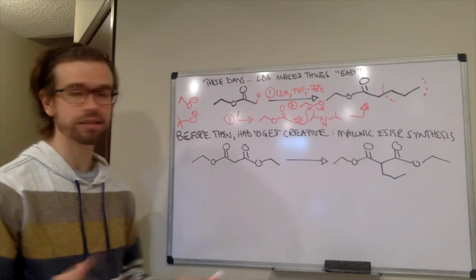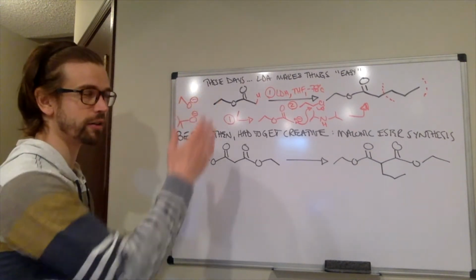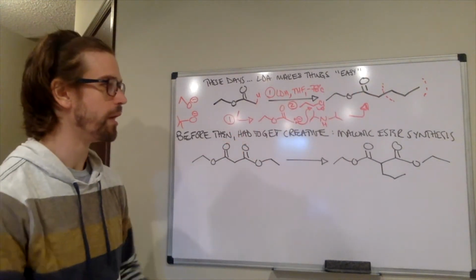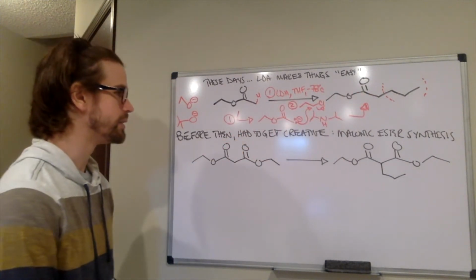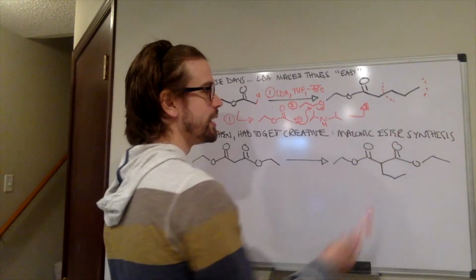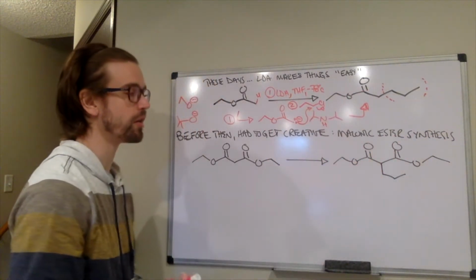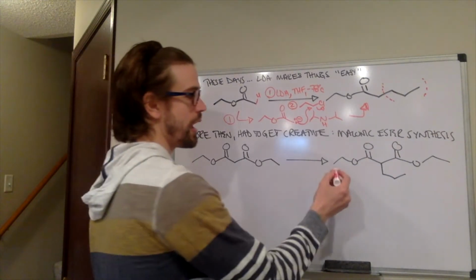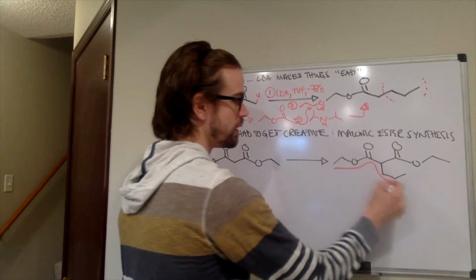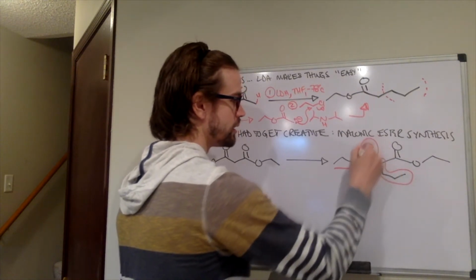So LDA makes things easy, but before LDA, there were still ways to make this type of molecule, and things were just a little bit less clear as far as how we can see very easily how that goes to that. But what I'm going to tell you about now is that chemists used to use something called a malonic ester synthesis to make that same type of molecule. And what I want to point out to start out is that essentially what we have there is this.